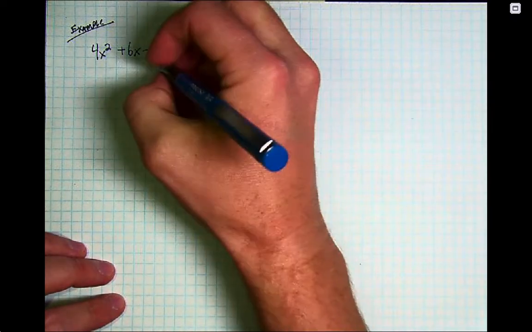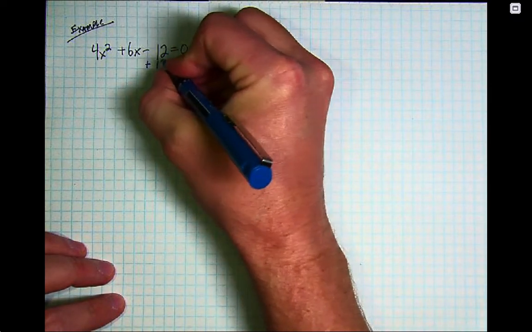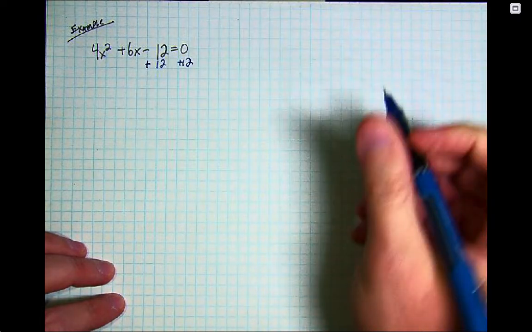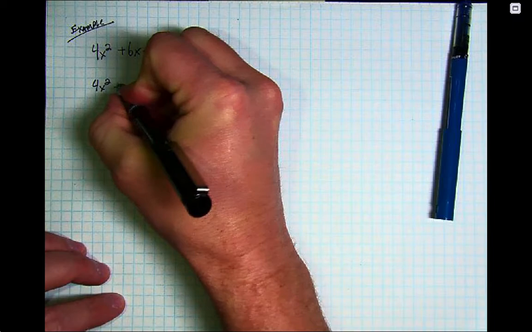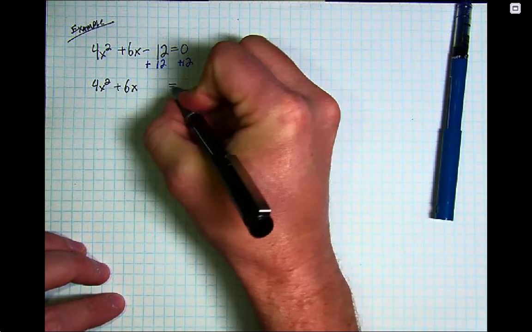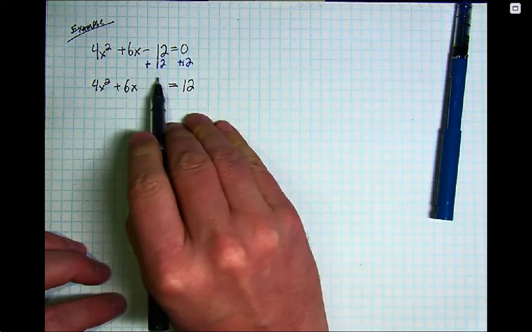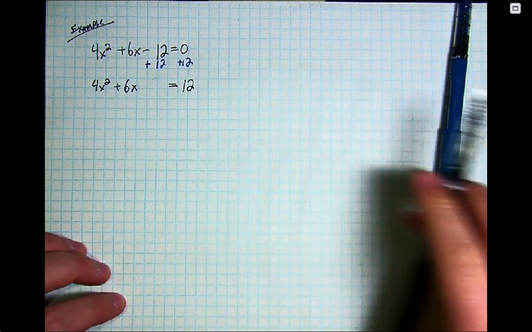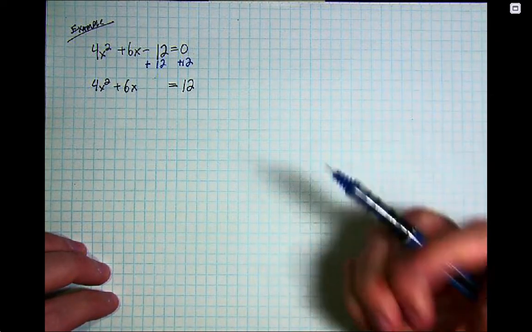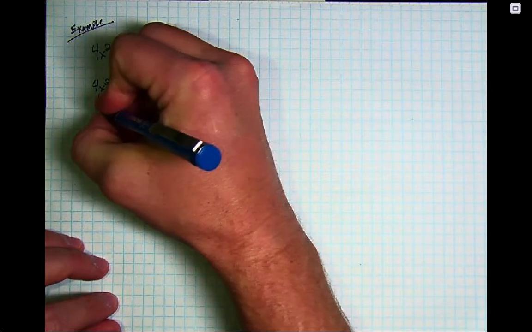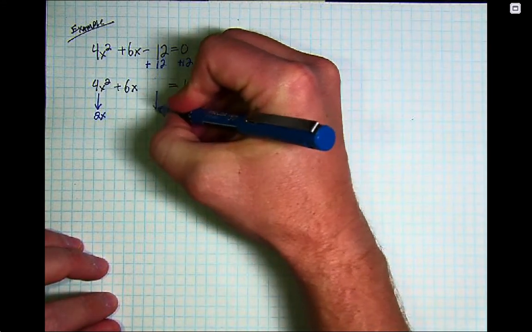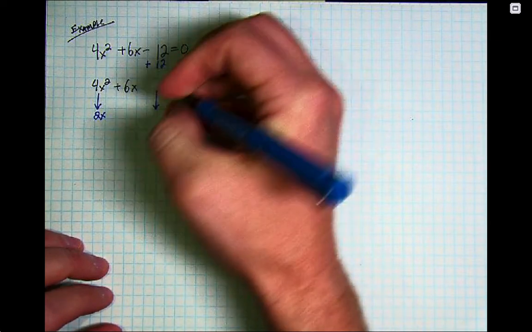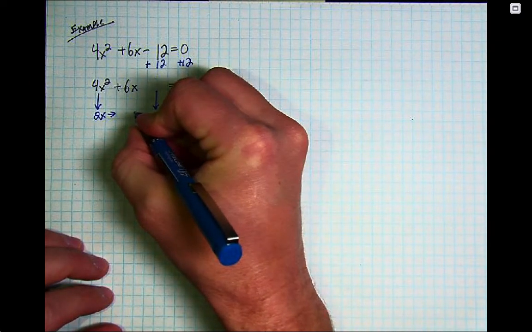First, I'm going to get rid of that minus 12 so that I just have 4x squared plus 6x with a blank space there so that I can complete the perfect square trinomial. Now remember, when we're completing a perfect square trinomial, we want to unsquare this, and then whatever is in this blank should get unsquared, then combined with this.